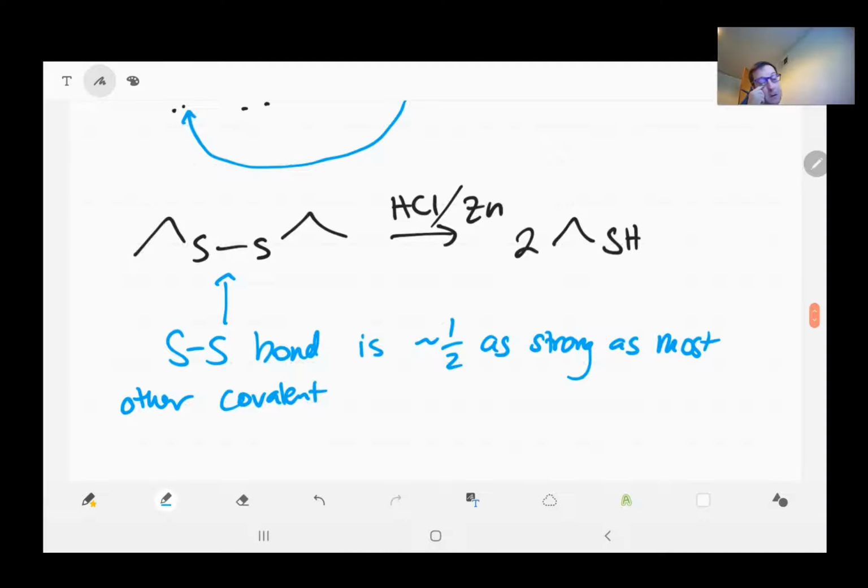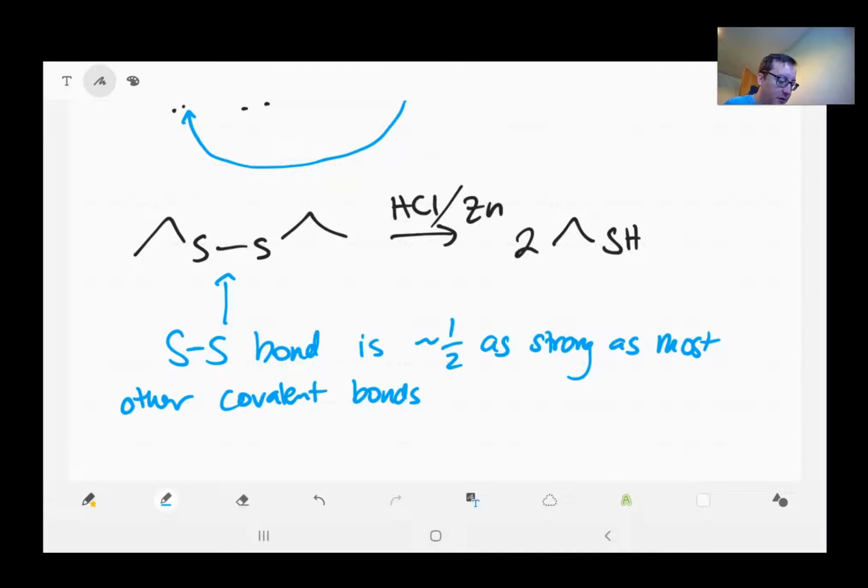So it's relatively easy to put on and break because it's not so strong. That's why in biology we use it, because we can link two sides of this protein together using this disulfide linkage. And then I can break it down now because I feel like it. It'll be easier to do that than to break a regular covalent bond.